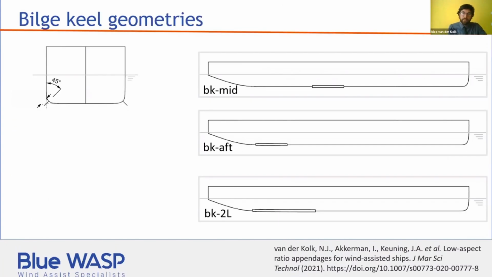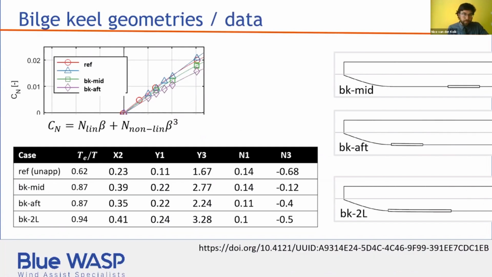So with that in mind, the geometries that I selected for this short desk study look approximately like this. You have one at the midship, and then two farther aft, where the bilge keel 2L is twice as long as the other two. Taking a look at the experimental data, I can see here the behavior of the yaw moment for a few of these geometries.